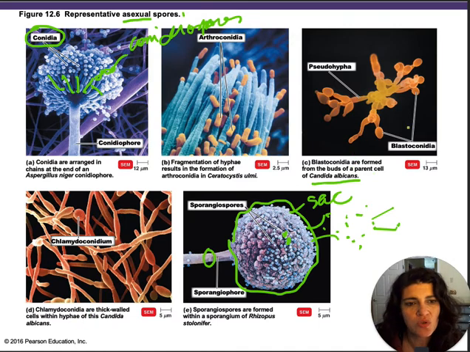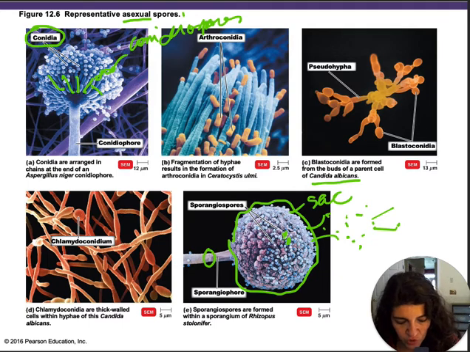We don't need to know that, but these are two different ways that they form spores, and they receive a different name also because they belong to a different family. They're the anamorphs, which is a different family from Aspergillus, which is Ascomycota.